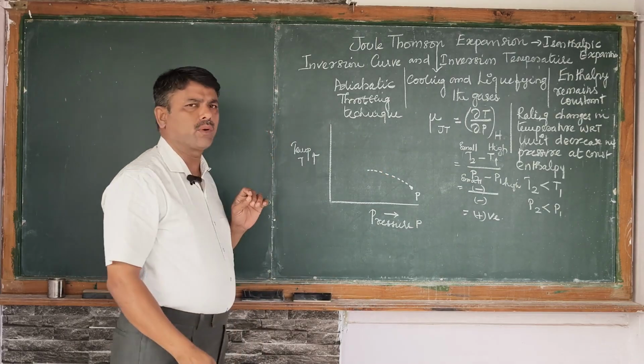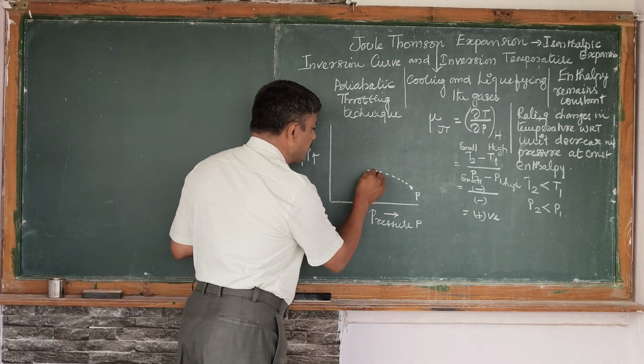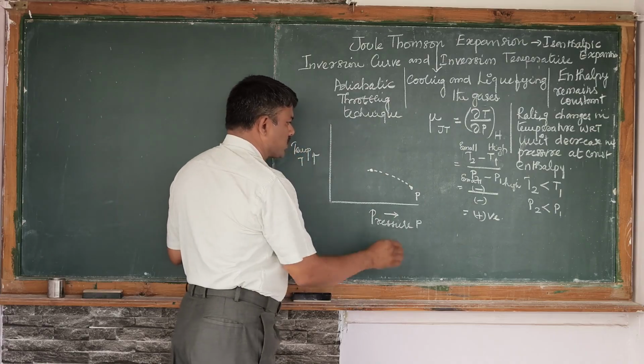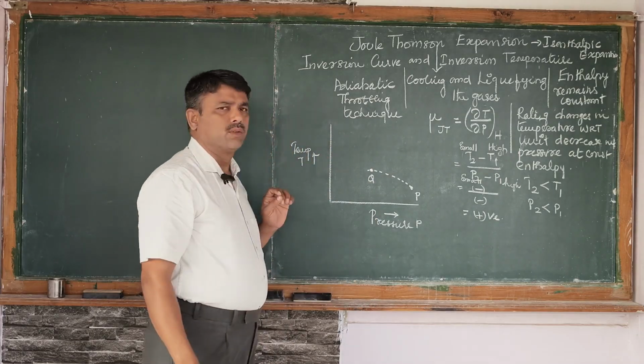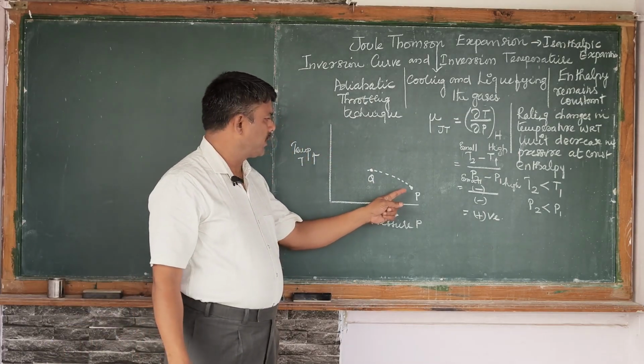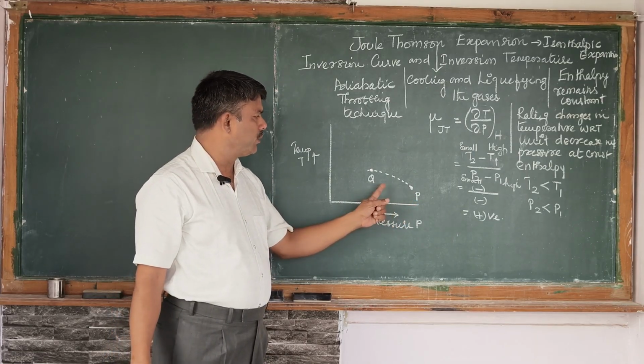At one particular point, this increasing trend will stop. Call that point Q. So the temperature of the gas increases in the region P to Q.